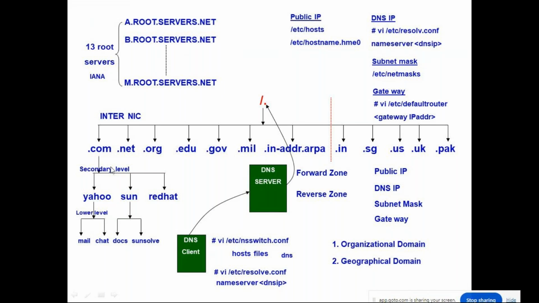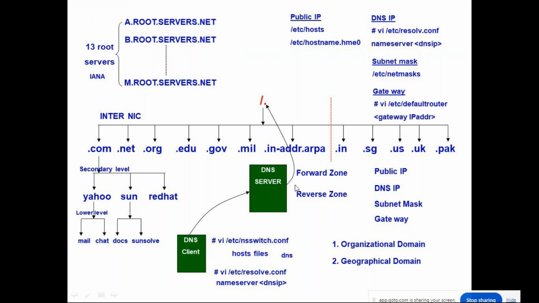Collect the home page. So what I mean to say is, in the earlier days when there was no DNS, if any system was added, we used to add the IP address and host name of every system in the network. How is this problem resolved? Because of the DNS server. If any domain is added on the internet, I'm not going to add all the domains in my DNS server.